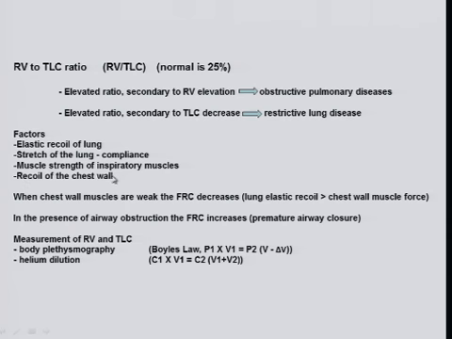Recoil of the chest wall. We typically don't run into too much where we involve altering the recoil of the chest wall. But remember, when we said exhalation is recoil, it's recoil of the lungs. It's also recoil of the chest wall. The chest wall, remember, as we inhale, the chest wall expands.